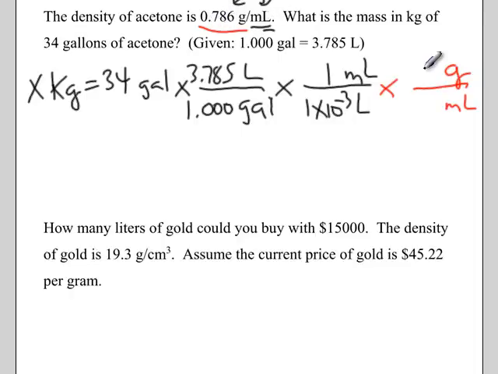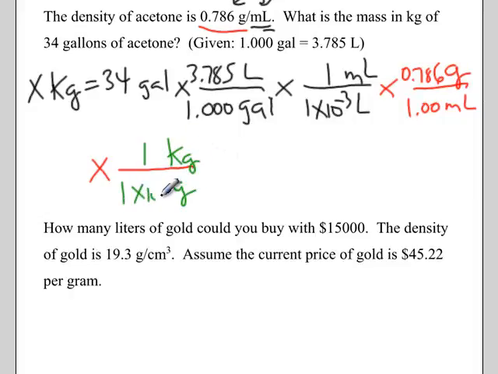The grams is 0.786. The milliliters, again, notice there's no number there, but we know it's 1, or if you want to keep the sig figs consistent, you can write 1.00 milliliters. And now, finally, once we have grams, we can add the prefix kilo.